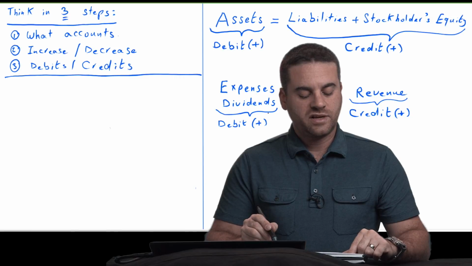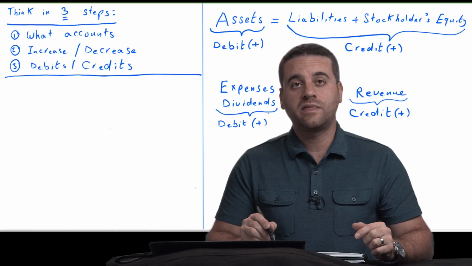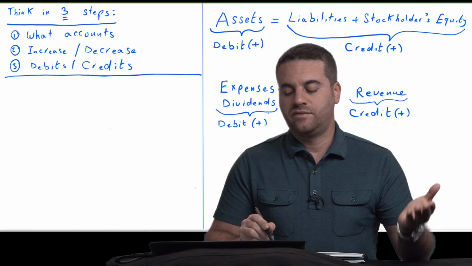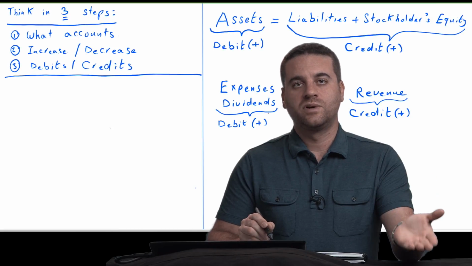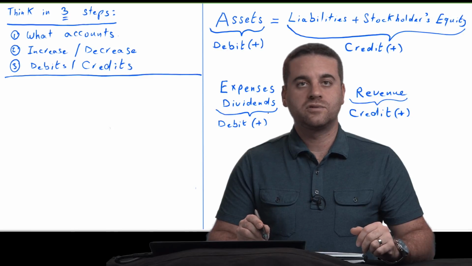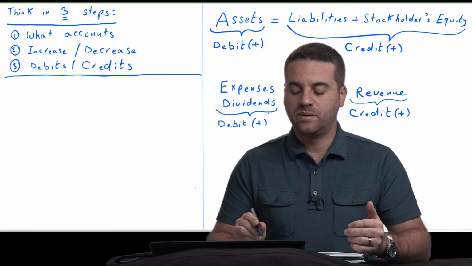The very first transaction we did, it was issuing common stock for $100,000 cash. That means the two accounts affected in this transaction are cash as well as common stock. So remember, the first step is to think what accounts we need. The accounts are cash and common stock. That's step number 1.